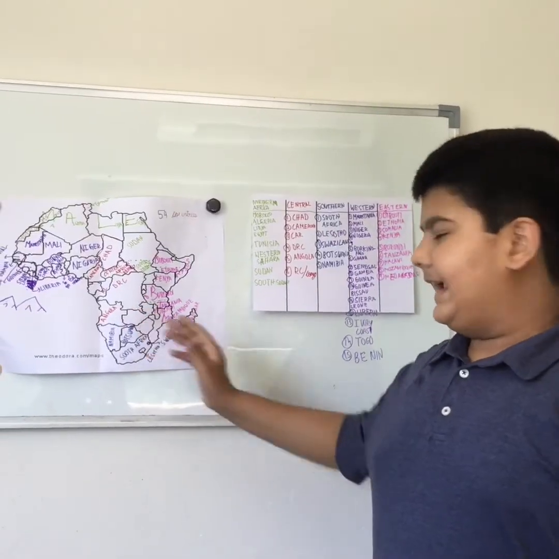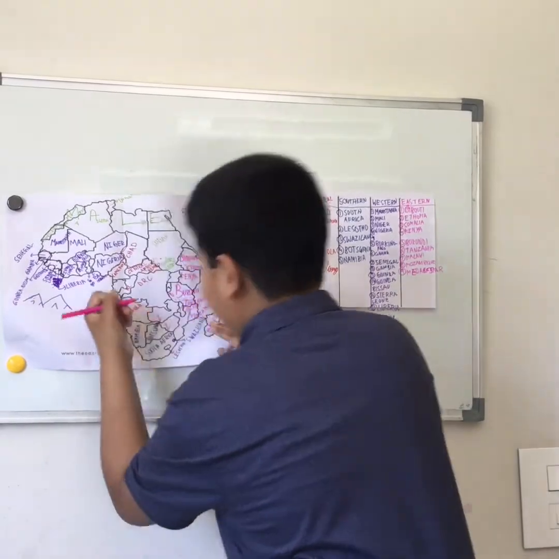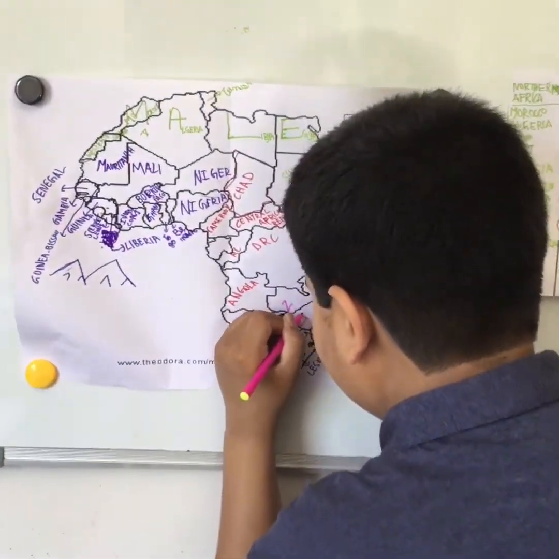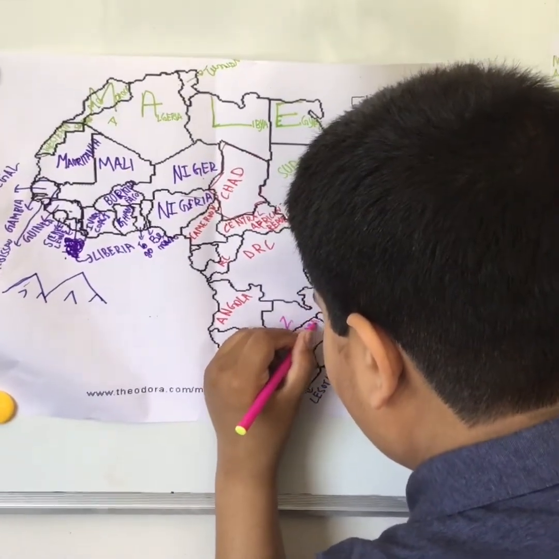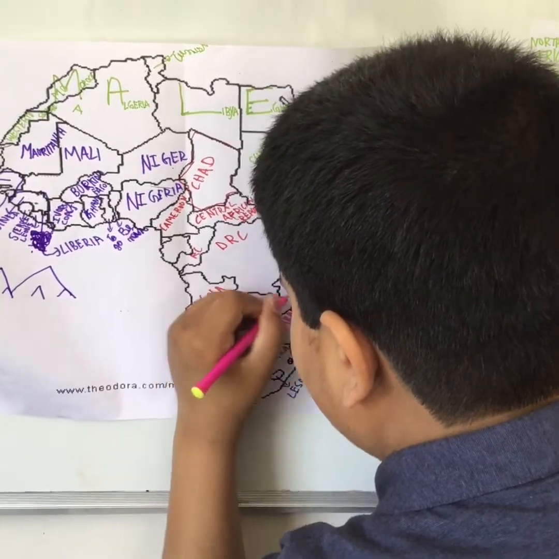So now we come to the end of the map and we can sleep. And these 2 countries are Zimbabwe and Zambia.